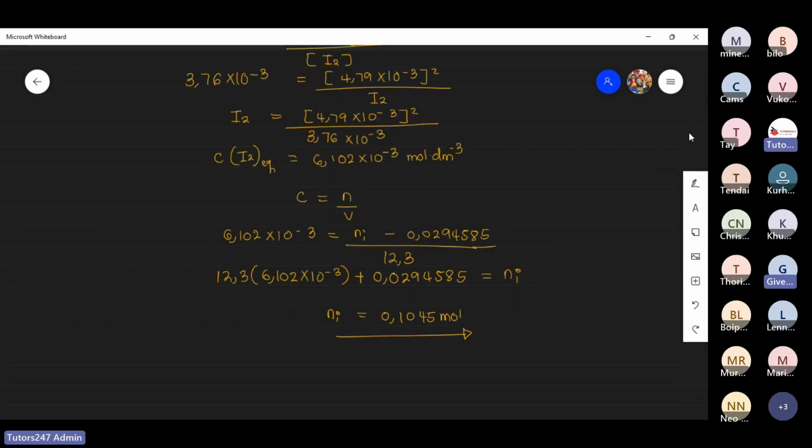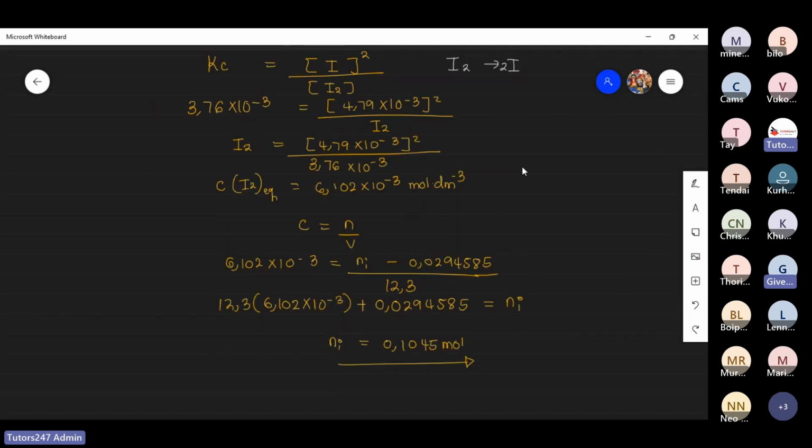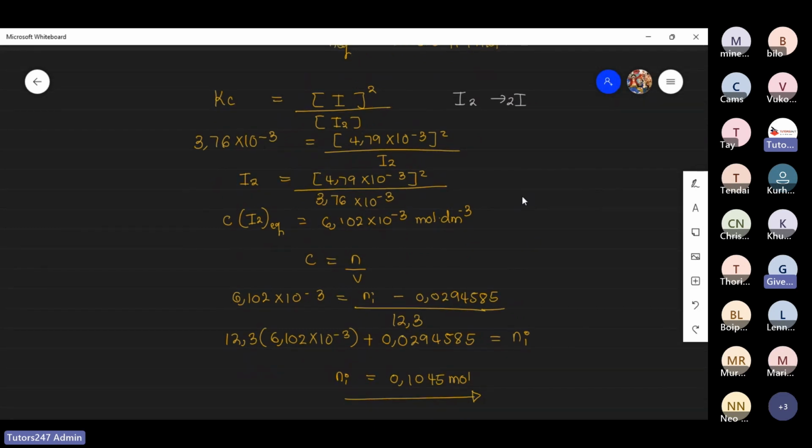All we did was calculate the concentration at equilibrium of our iodine molecules. Once we were able to calculate the concentration of our iodine molecules, we were then able to substitute that into our formula C equals n over V and solve for our unknown, which is our initial number of moles. From here, we can now go back to our original formula and substitute the initial number of moles.